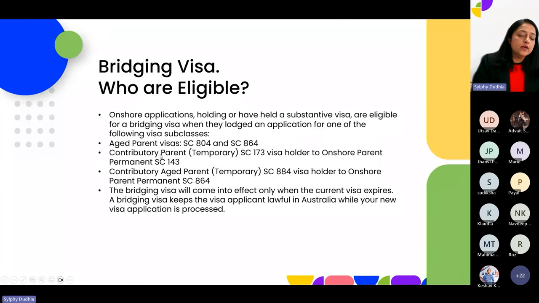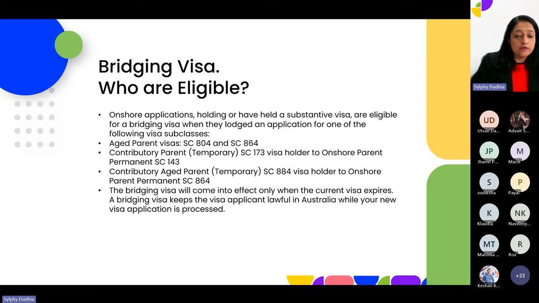Now, who is eligible for the bridging visa? Onshore applicants holding or who have held a substantive visa are eligible for the bridging visa when they lodge an application for one of the following visa subclasses: the aged parent visa 804 and 864, or the contributory parent visa, which is temporary.